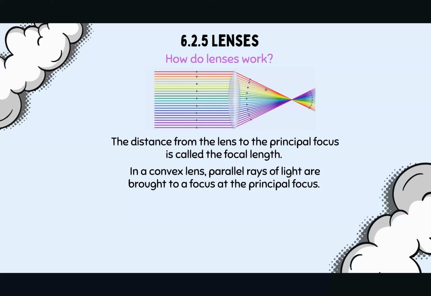The distance from the lens to the principal focus is called the focal length. So there's the principal focus, where all the rays join together, and there's the lens. So that's the focal length. So in a convex lens, parallel rays of light are brought to focus in the principal focus. So that's a convex lens then.